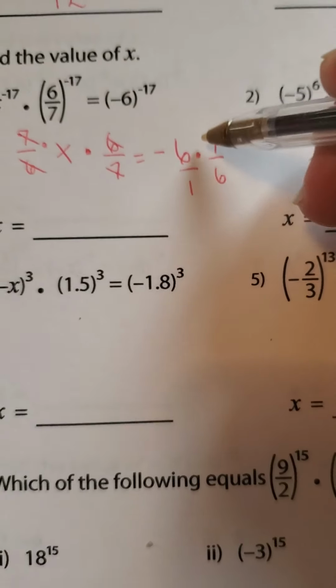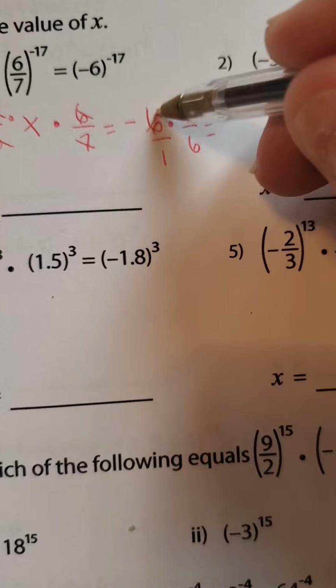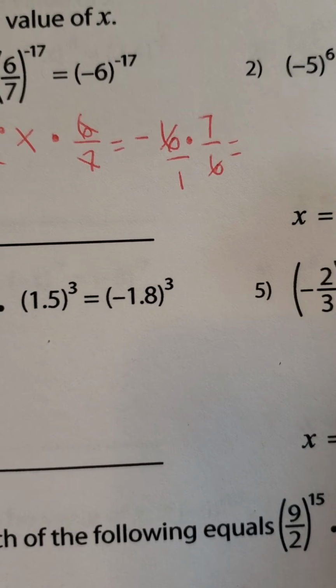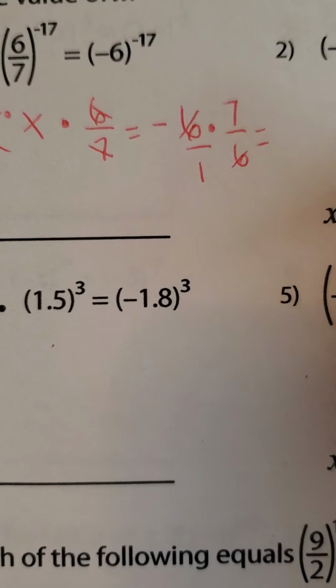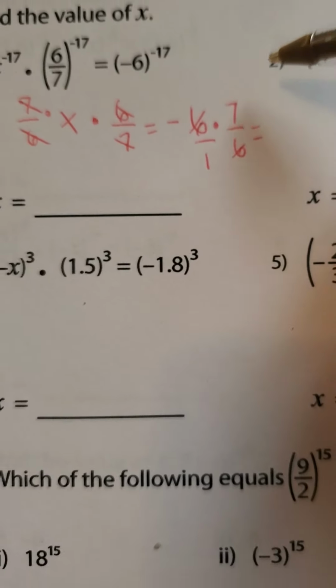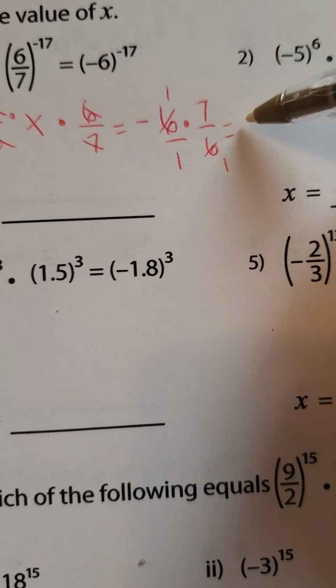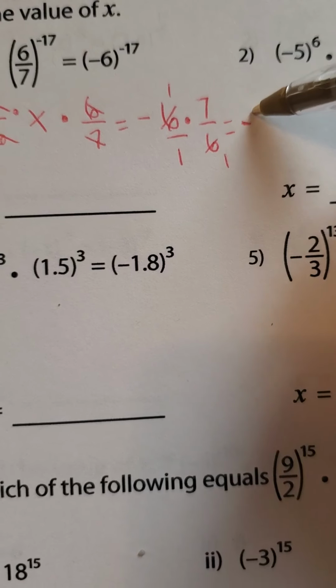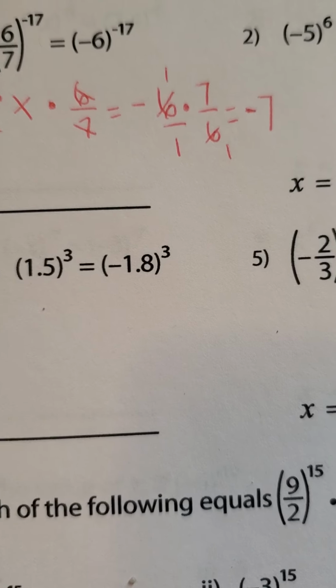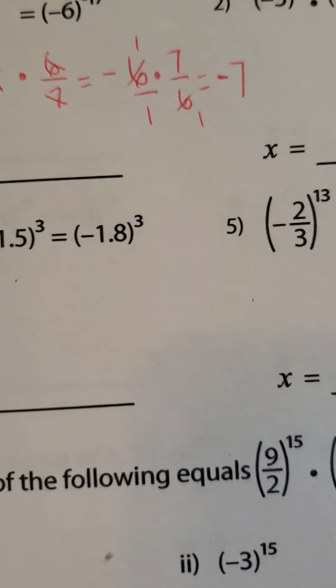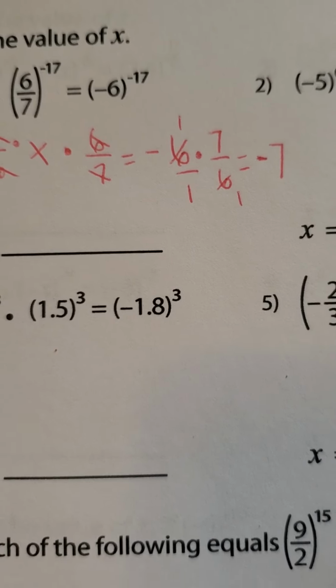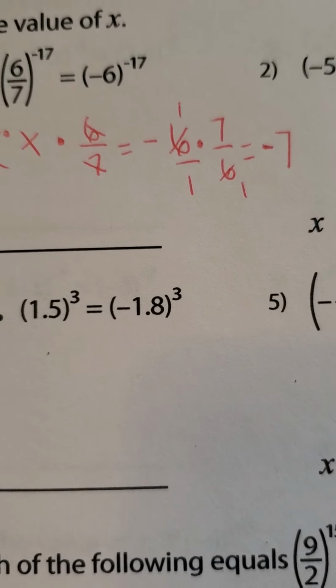And on the right side, I'm going to go ahead and cancel the 6s. Remember, if there are matching numbers in the numerator and denominator, you can just cancel them. So now, it's like taking negative 1 times positive 7 to get negative 7. And in the bottom, it'll just be a 1, so we don't really need to show that.